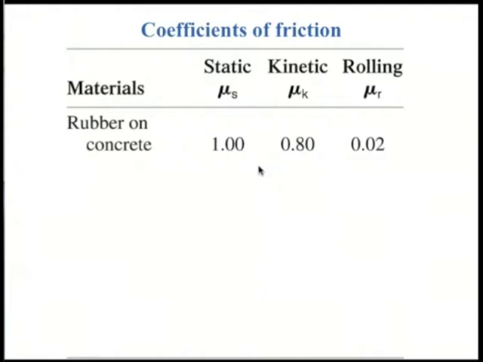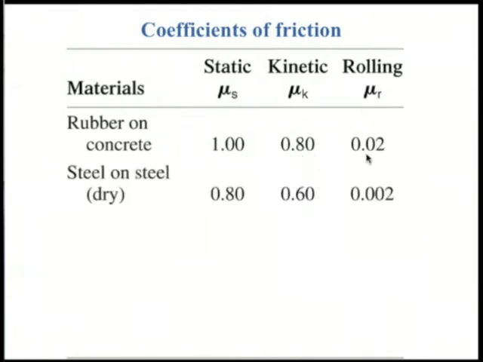Here are some actual coefficients of friction that we've measured experimentally. If you have rubber on concrete, the coefficient of static friction is 1, kinetic friction is a little less, 0.8, and rolling friction is 0.02, very, very small. A steel surface on another steel surface where the surfaces are dry: 0.8, 0.6, and 0.002.